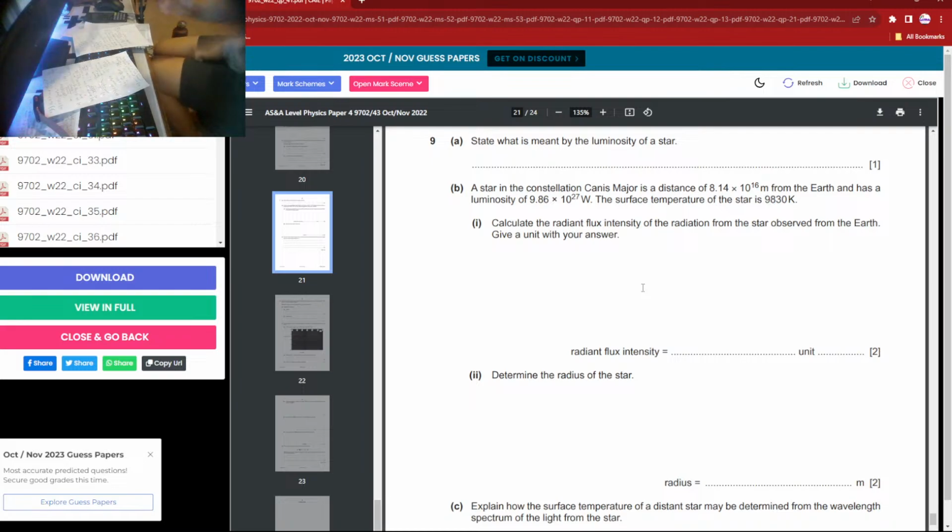No, for this one, don't use any relation. Just straight away use the Stefan-Boltzmann law. So you already found the radiant flux intensity of the star. So you should, no, sorry, you have the luminosity.